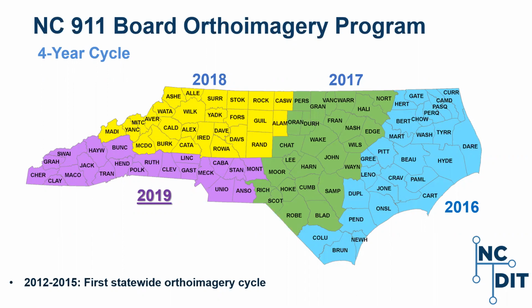One of the additions we'll make to our program starting in 2020 is going to be the addition of the color infrared band for each of those 4 colors that you see on the map.